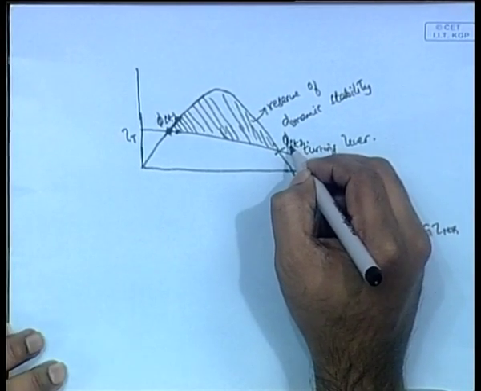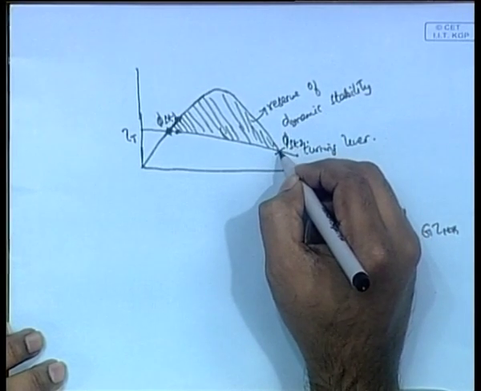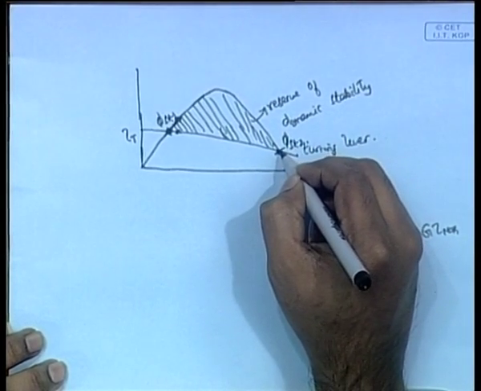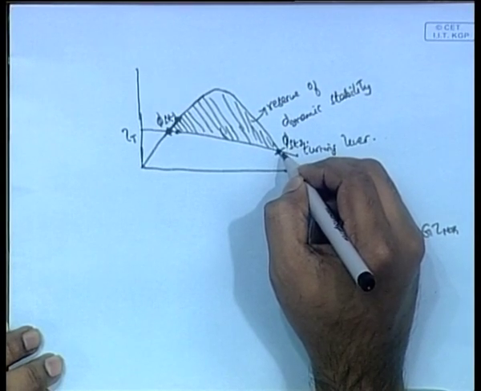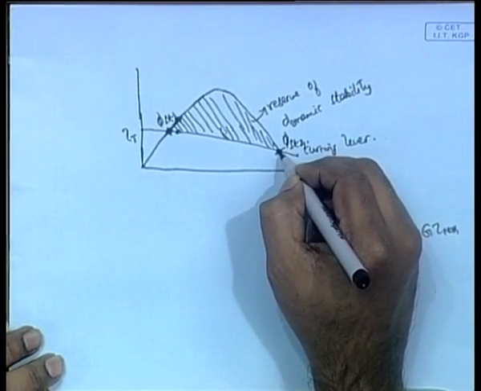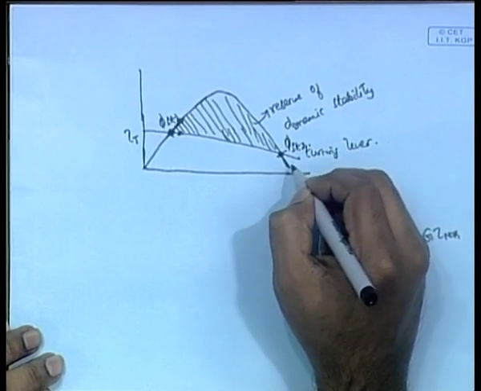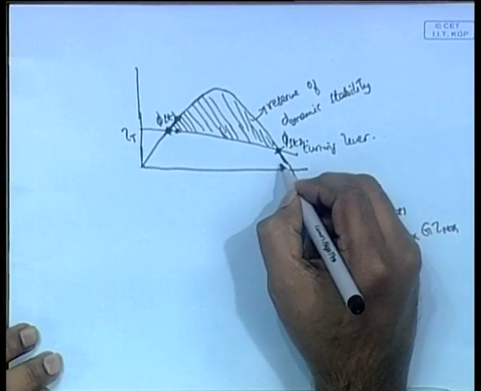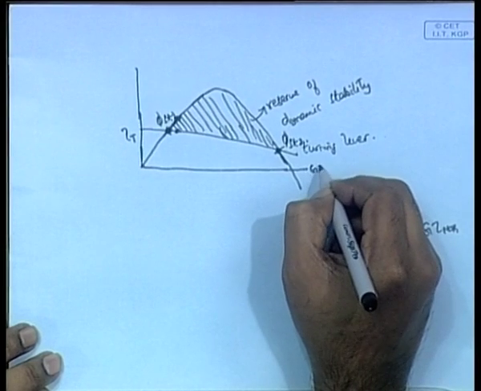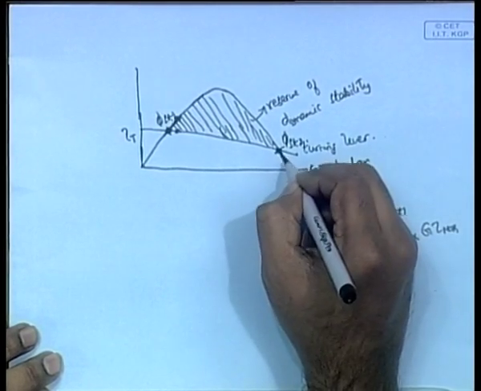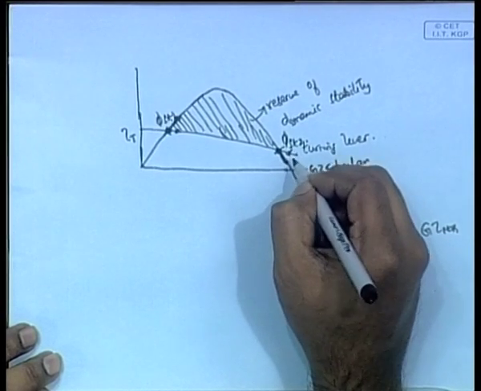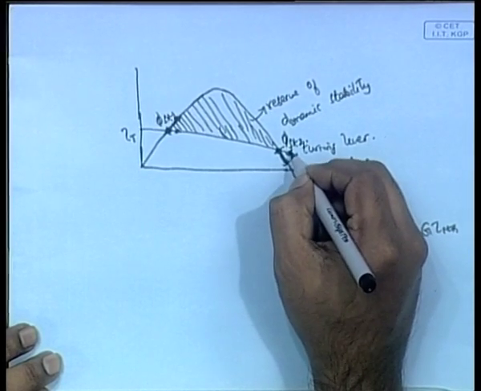If you look at this angle phi st2, suppose there is a further increase in heel, the ship heels a little further after it reaches phi st2. You see directly that GZ is less than the heeling arm. This is GZ, this is the heeling arm, and GZ is less than the heeling arm.